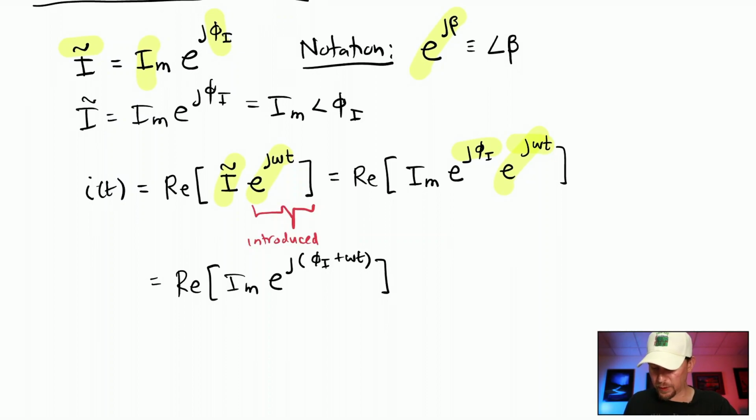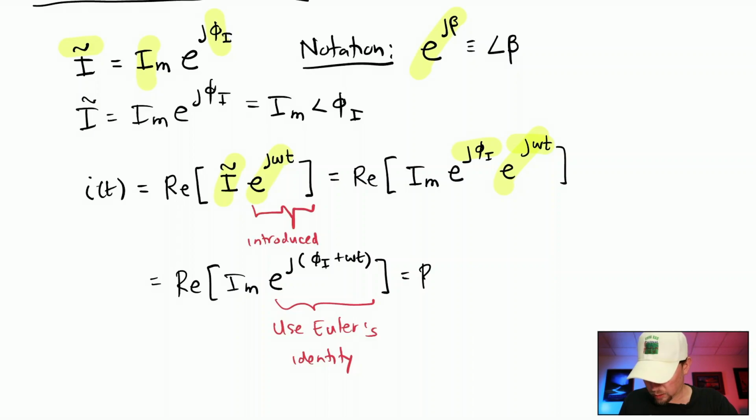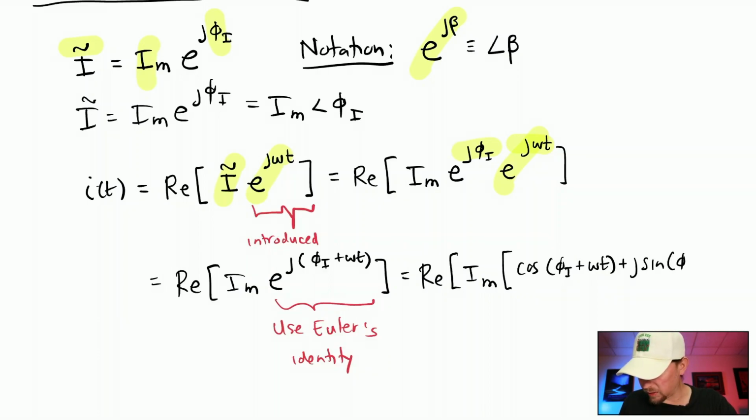According to Euler's identity, I'm going to take the real part of I sub m times cosine of phi I plus omega t plus j times the sine of the same argument.